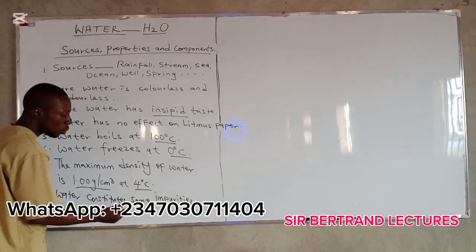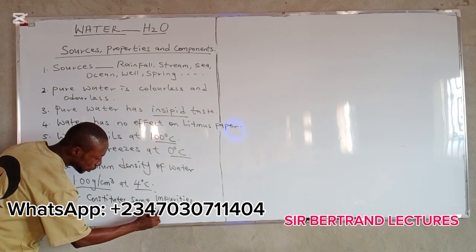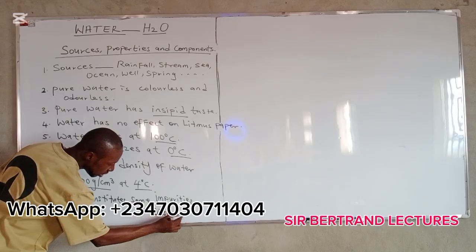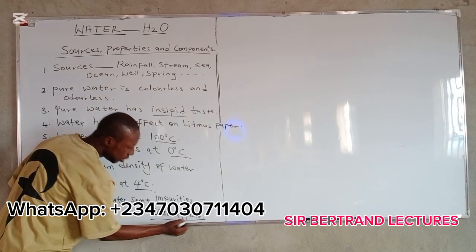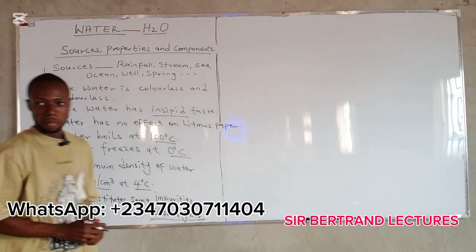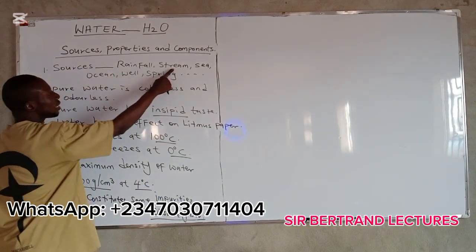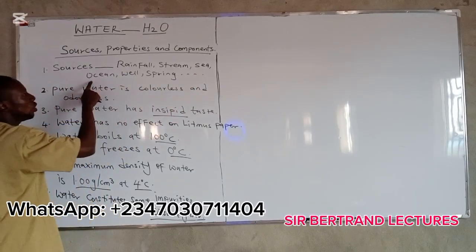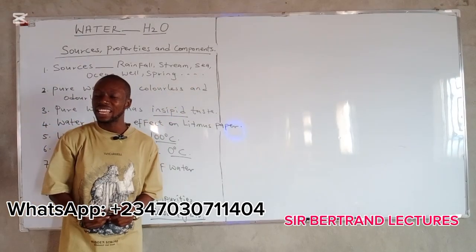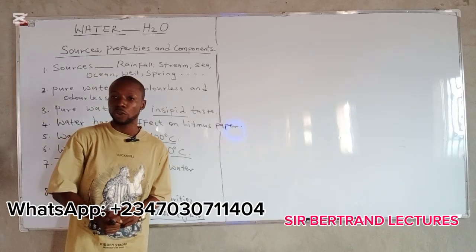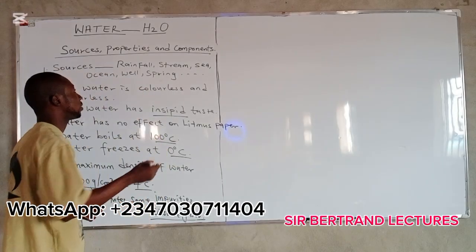All right? Now, these impurities comprise dissolved gases. It comprises dissolved gases, meaning that rainwater, stream water, sea water, ocean water, well water, and spring water are impure water because of the presence of certain degrees of impurities.